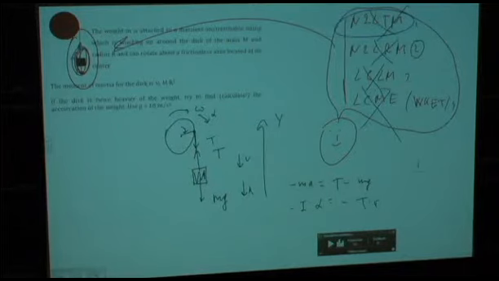And because it's a disk, this is what we should write for the moment of inertia of the disk. And linear acceleration and angular acceleration are related. Well, they're all related.